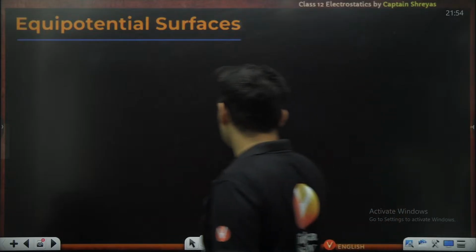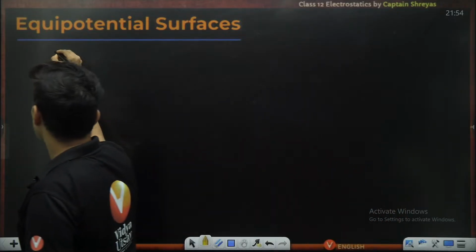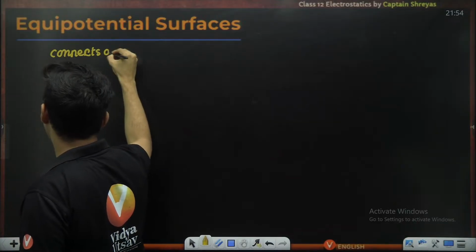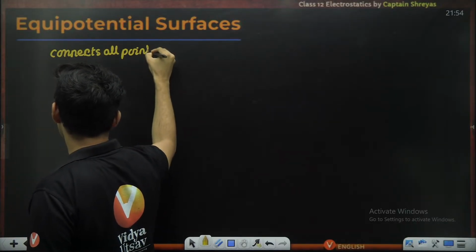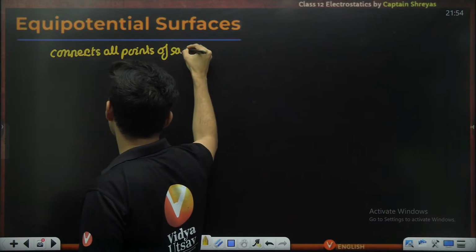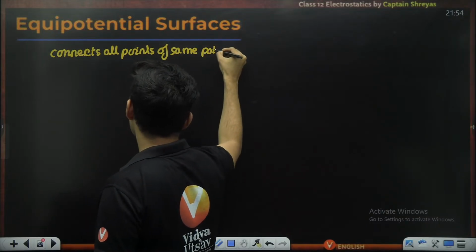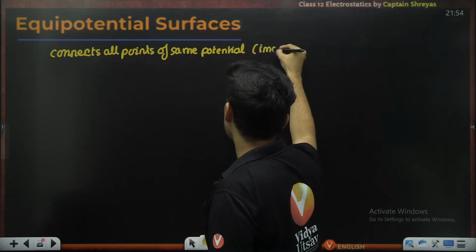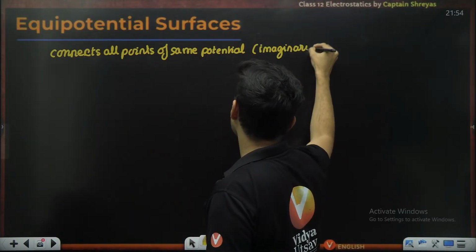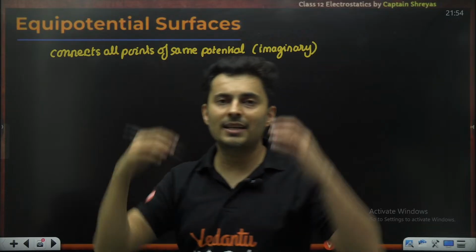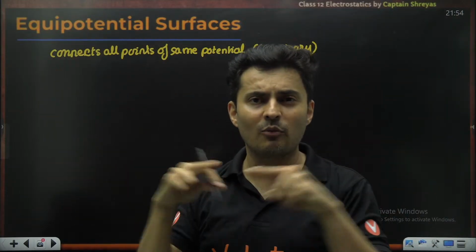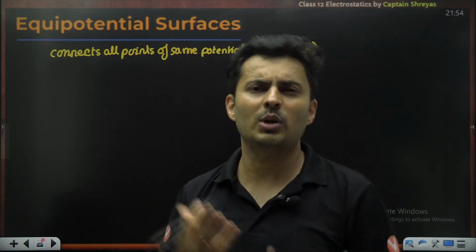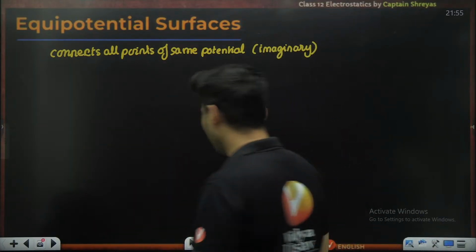Equipotential lines, like the name suggests, connect all the points of the same potential. It's an imaginary surface. It is not a real thing. It is not a real line. All the points of the same voltage or potential connected together. It's an equipotential surface, equipotential line, or volume, whatever you want to say.